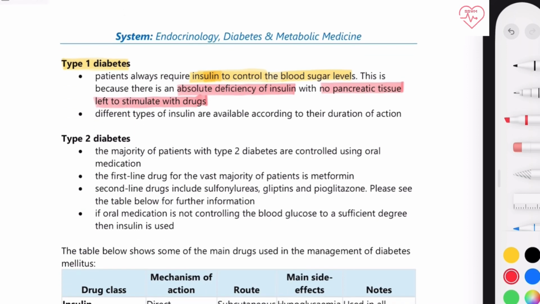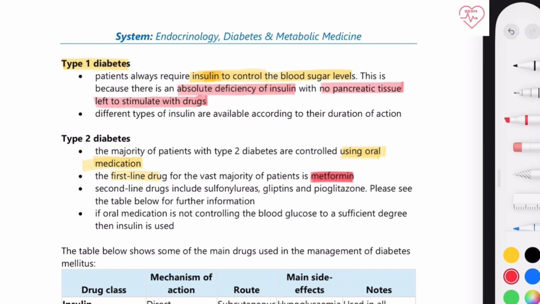Now let's come to type 2 diabetes. The majority of patients with type 2 diabetes are controlled using oral medications. The first line drug for the vast majority is metformin.